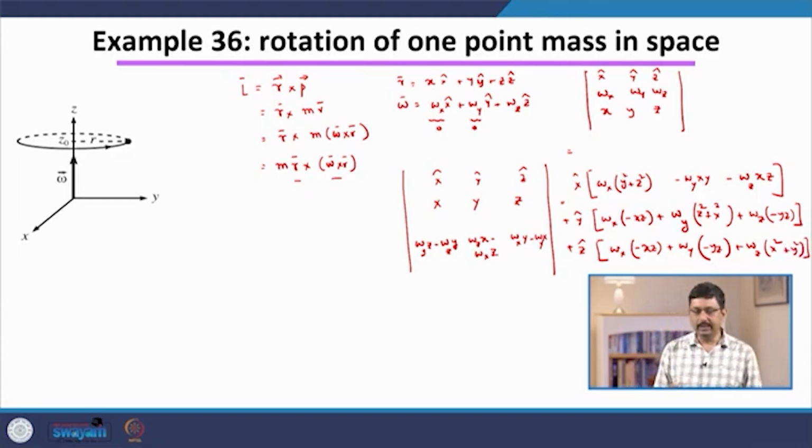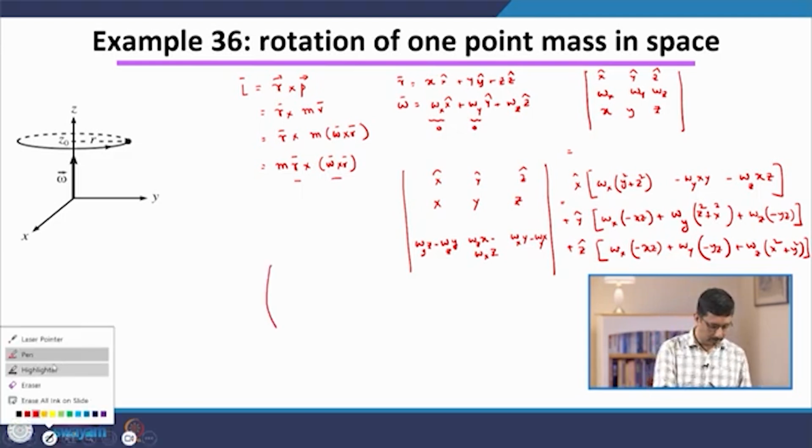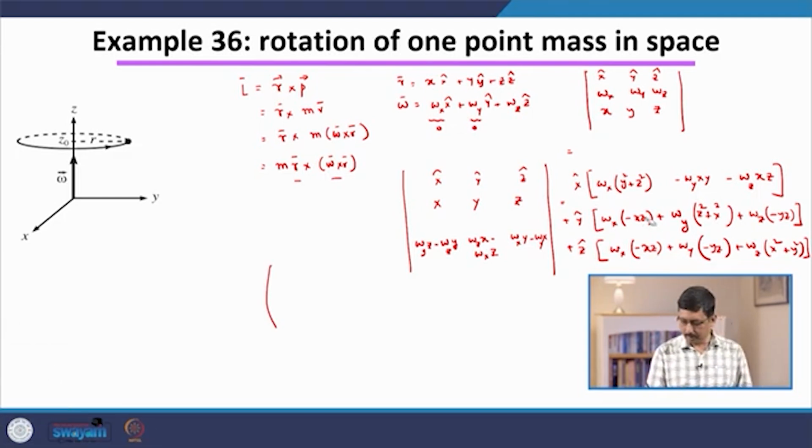So, now we can see that we want to make the pattern more clear. The pattern will be more clear if we write it as a product of two matrices. Let me correct this mistake, this should be x y. So, now we want to write it as a product.